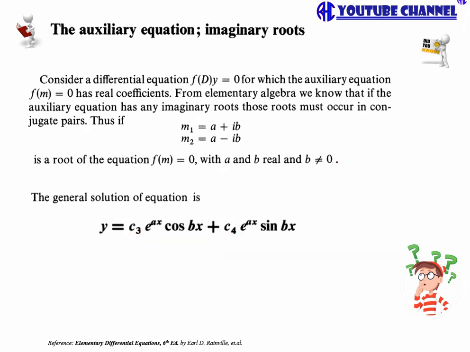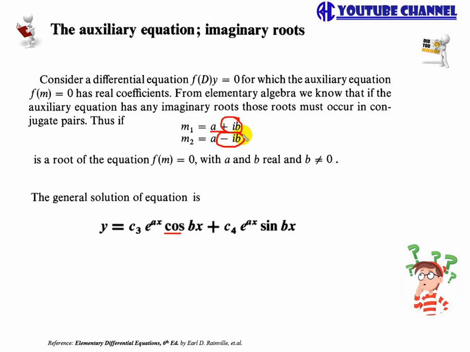Kung mapapansin ninyo yung a raised to ax, ito yung a, which is the real number. Tapos, yung a plus, yung positive ib, that corresponds to cosine. That is cosine.